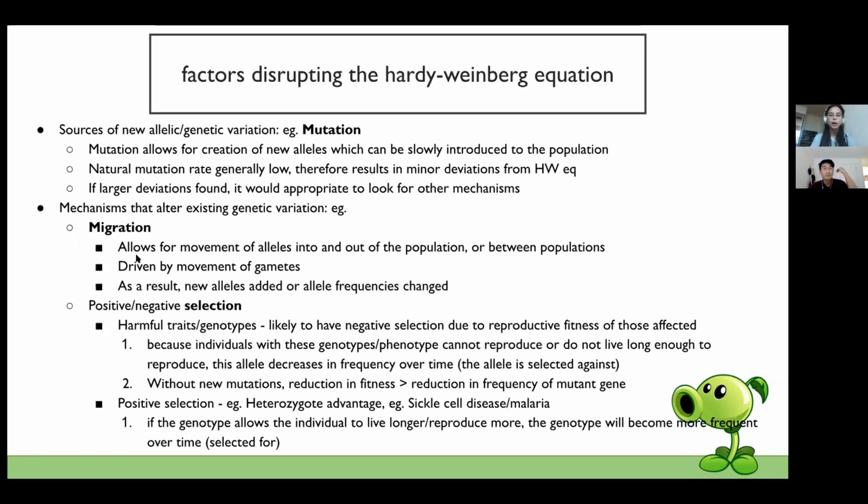Migration allows movement of alleles into and out of the population, so again, that's going to change how many people have the allele within the population. Selection: the natural environment is going to allow some alleles to survive better in that environment, or it's going to select against an allele, so that allele cannot survive as well in that environment.